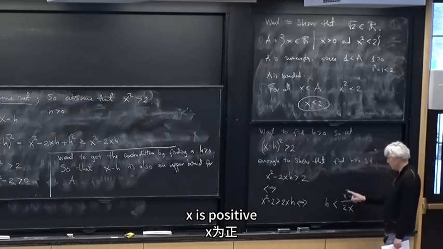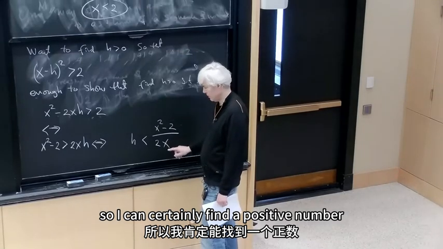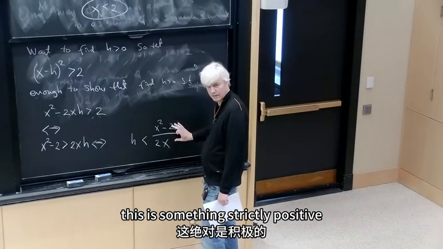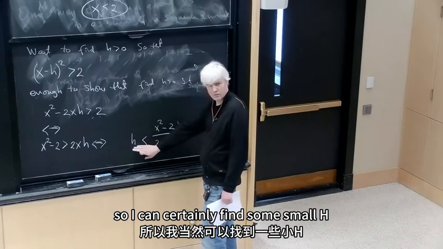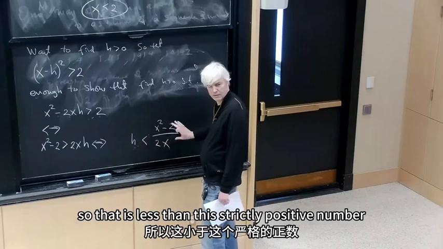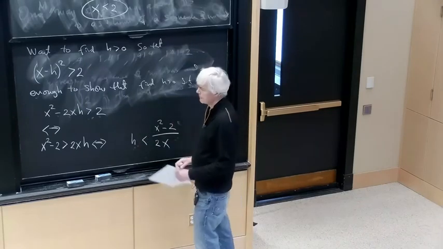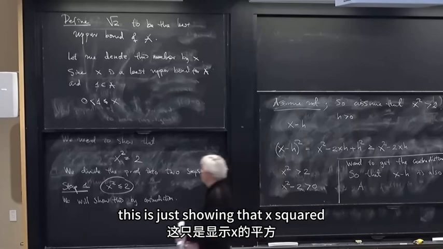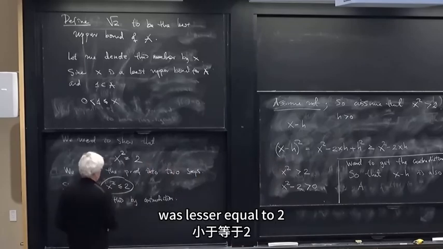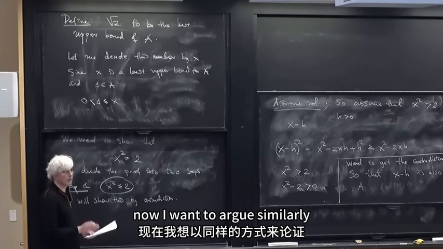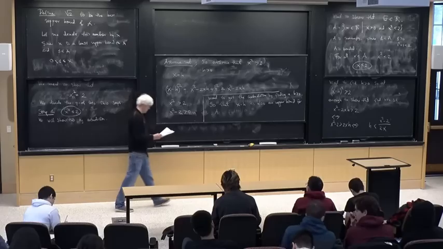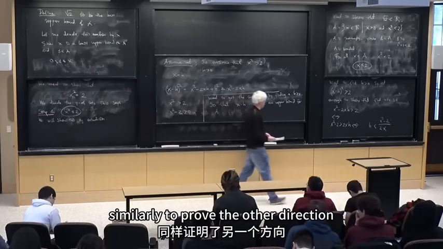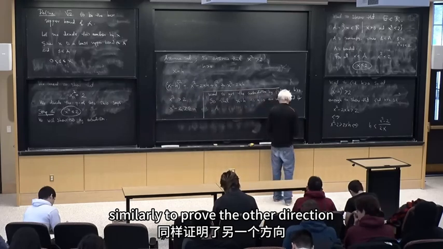X is positive. This thing here is strictly positive. So I can certainly find some small h that is less than this strictly positive number. Right? Okay? So this proves step 1. This is just showing that x squared was less or equal to 2. Right? Now I want to argue similarly to prove the other direction. Okay.